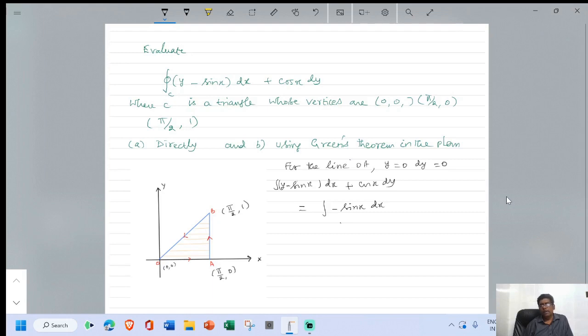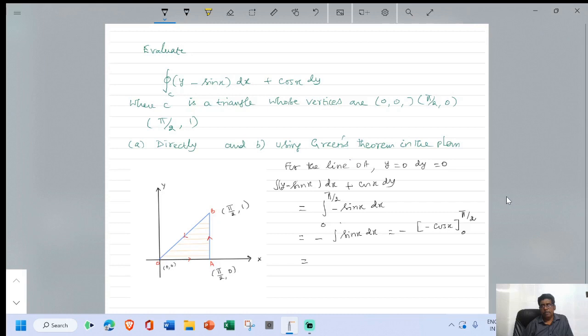This is the integral. Now we apply the limits of x. Lower limit is 0, upper limit is π/2. This is equal to minus the integral of sin x dx, which is minus of minus cos x, limit varying from 0 to π/2.